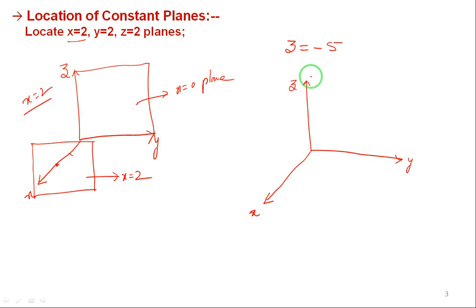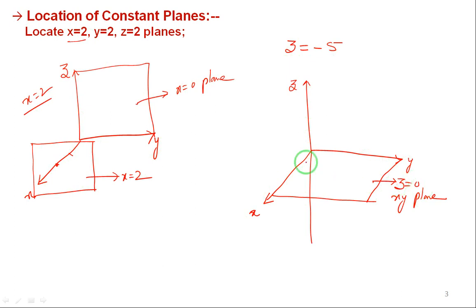Okay, z is negative here, so I'll take the negative z axis. Z equal to minus 5 means a plane parallel to the xy plane, right? So this is the z equal to 0 plane, also called the xy plane.